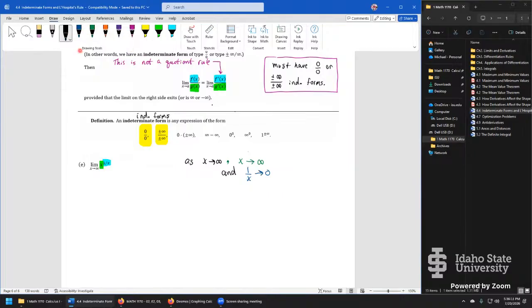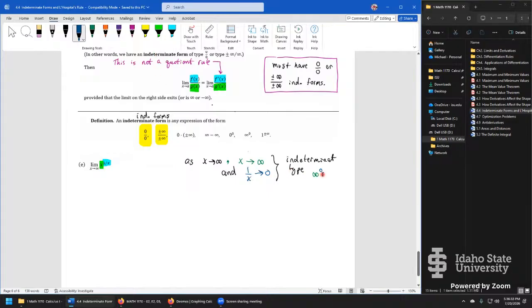So if that's the case, the form that we have here is indeterminate. Our base is going off to infinity. The exponent is going off to 0. And now pretty much anything can happen here.